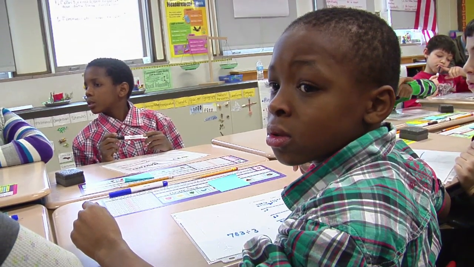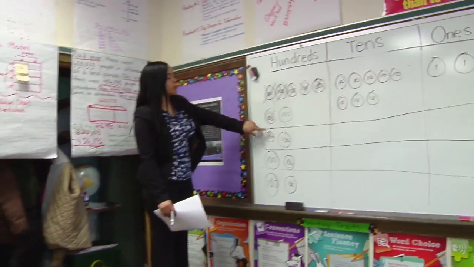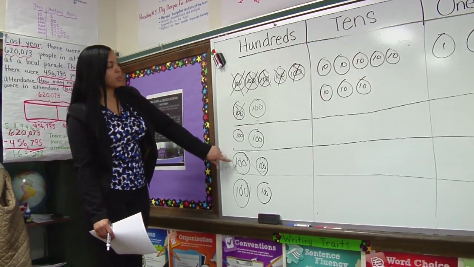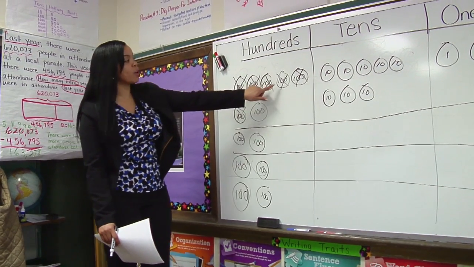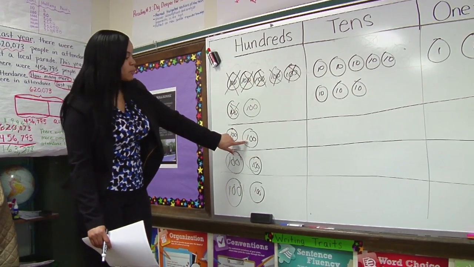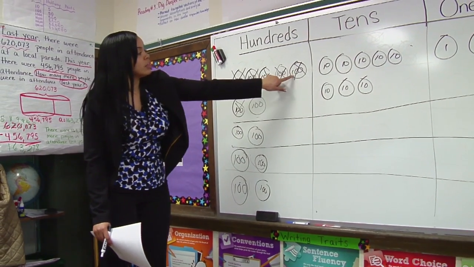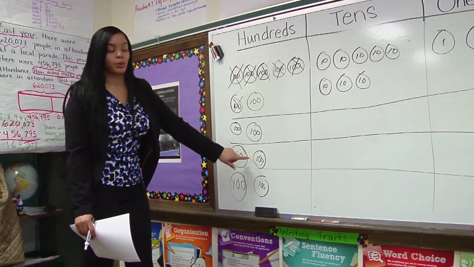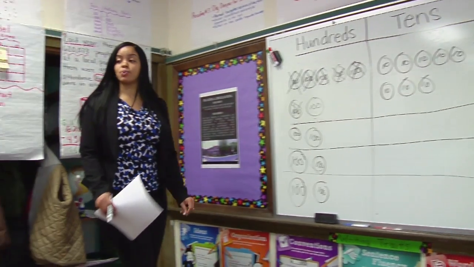I'm glad you caught that mistake, scholars, because watch, 100 into the first group, 100 into the second group, 100 into the third group, right? We can keep going. I took this 100 and distributed it into the first group. So now I have 2 hundreds in the first group, 2 hundreds in the second group, 2 hundreds in the third group. Are there any hundreds remaining?